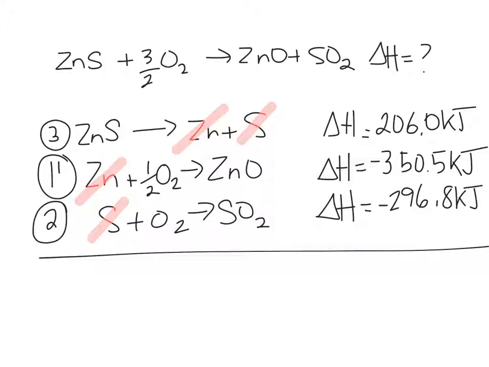I'm confused about oxygen. Oh, but you've got a half plus 1. Can you write 1 as a fraction? 1 over 1. To add fractions, you have to have the same denominator. So this is really 2 over 2.